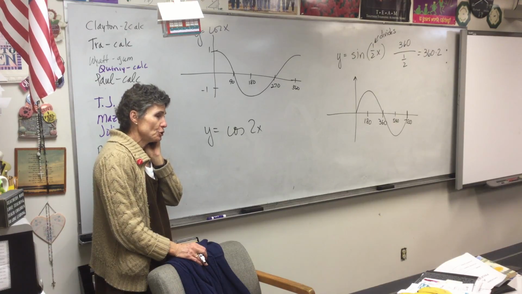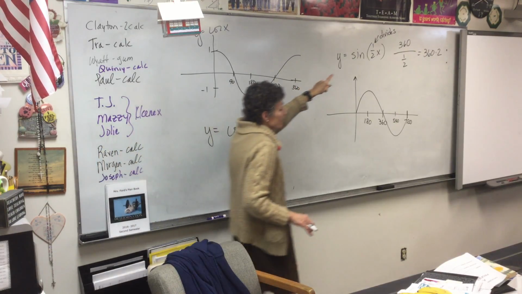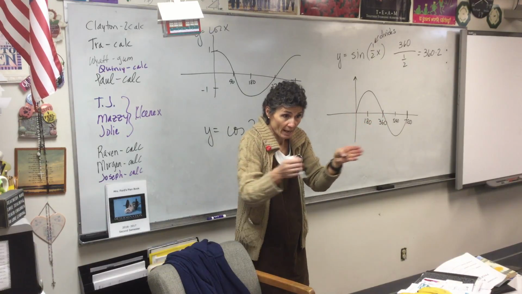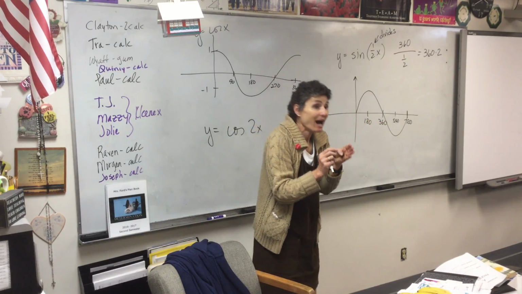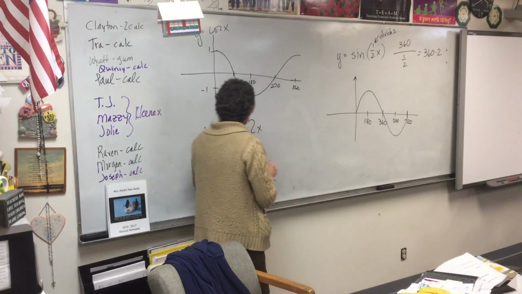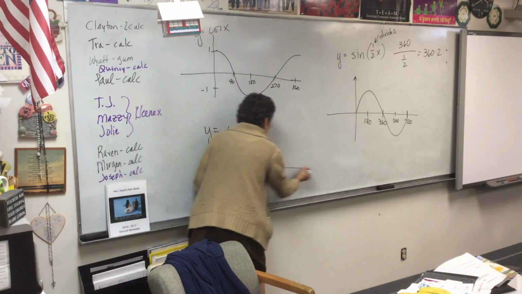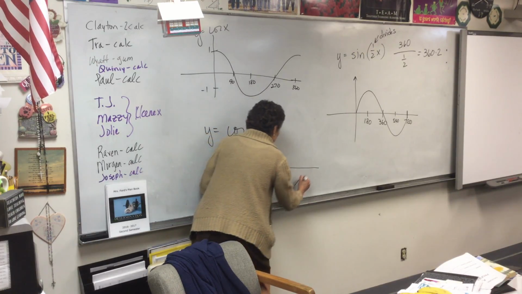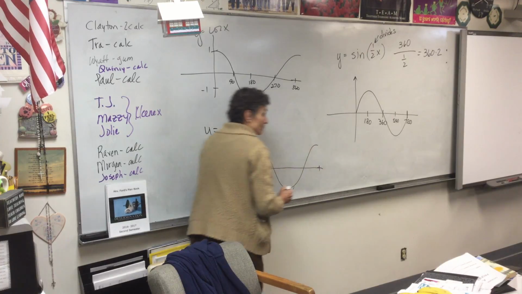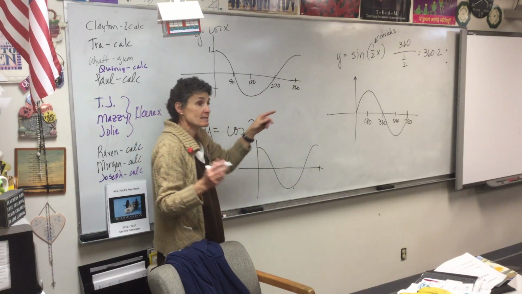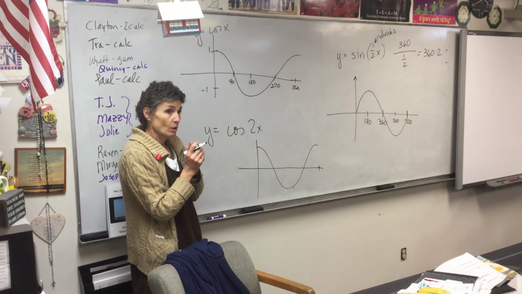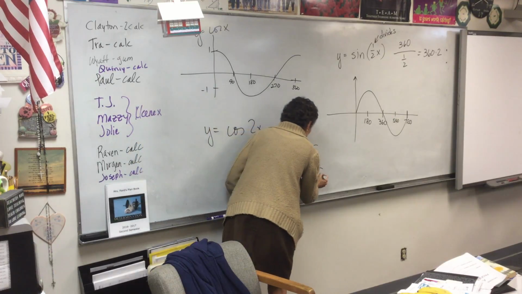So what does that 2 do? It shrinks it this way, right? It divides it. So the normal end point for a cosine is 360. Where is this one going to end? 180.